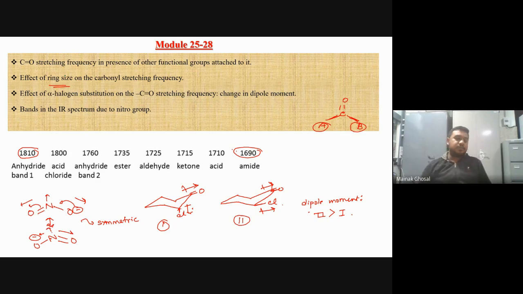So symmetric one will be there, and another one will be the asymmetric mode. If you have any nitro compound, in the IR spectra we will see two modes. Which one will have higher energy, symmetric or asymmetric?